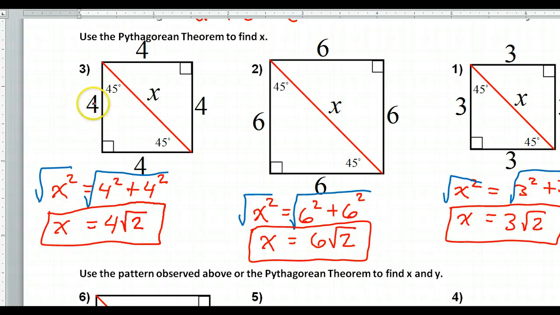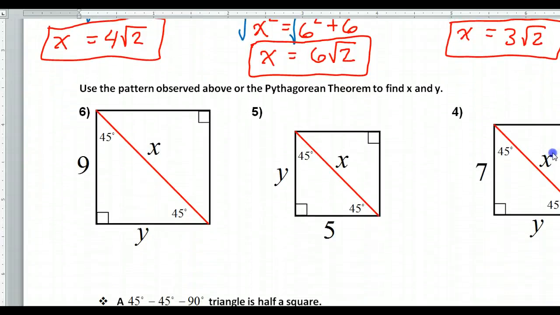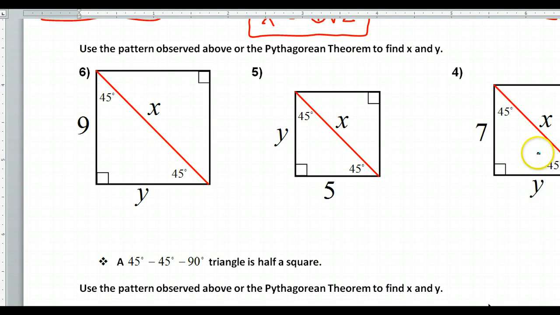And when the sides of the square were 4, the diagonal was 4 radical 2. So for the remainder of this paper, this assignment should be really easy because from now on I'm going to allow you to use that pattern if you would rather not use the Pythagorean theorem. It's a shortcut.